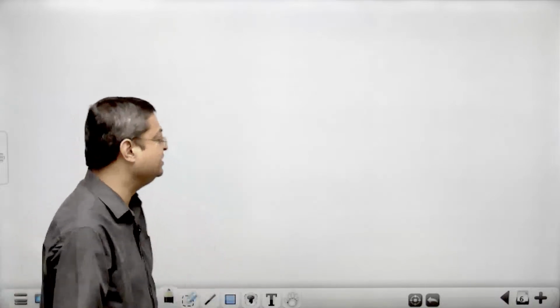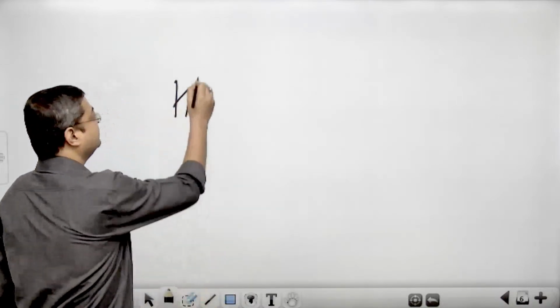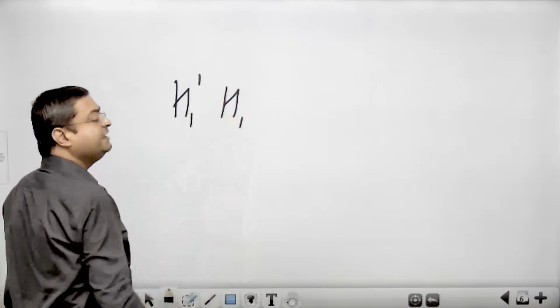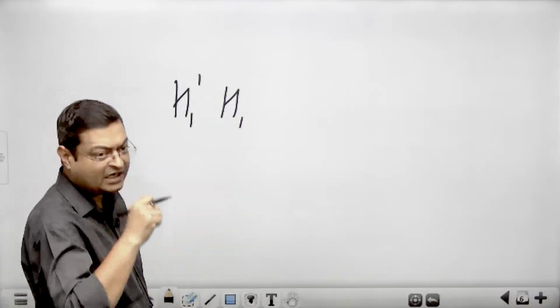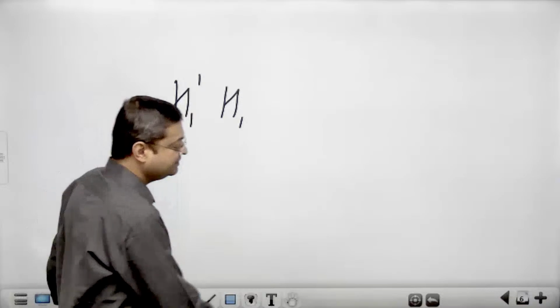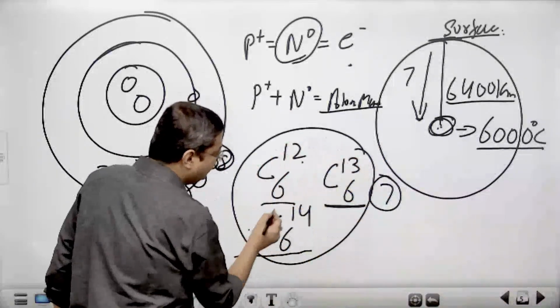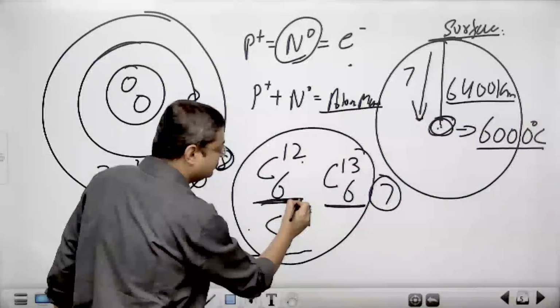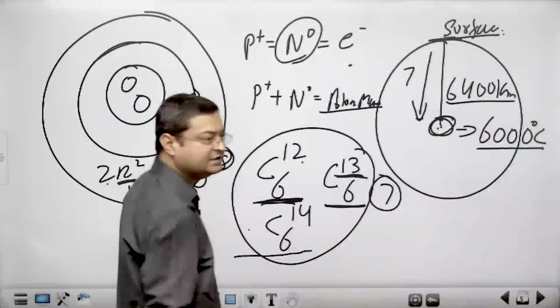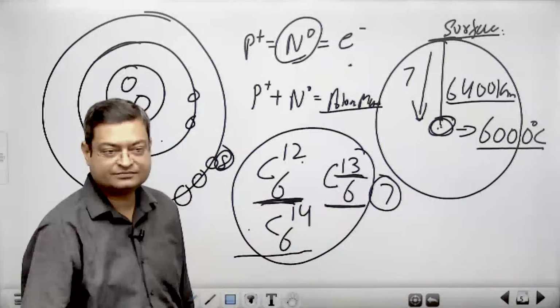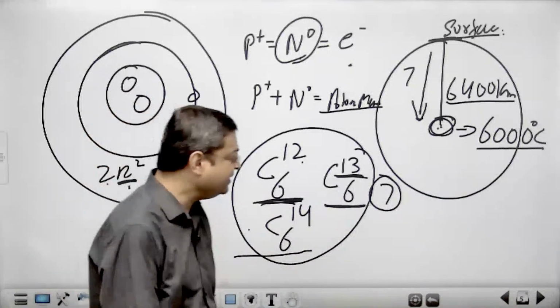For example, hydrogen has 3 isotopes. Basically, the elements having the same electron number but different mass number are known as isotopes.